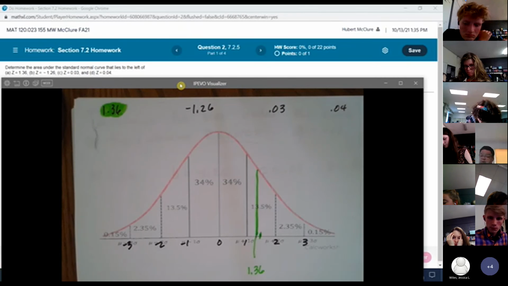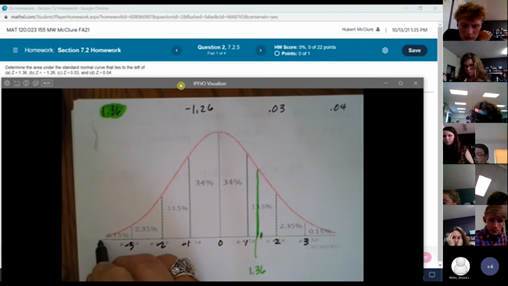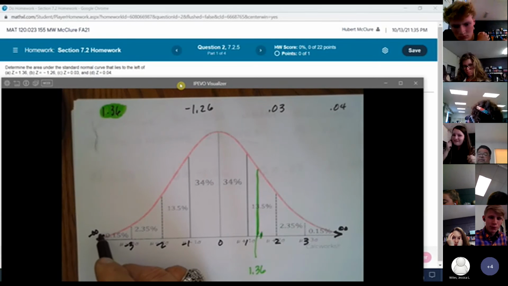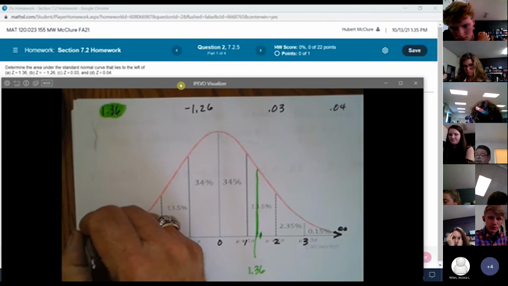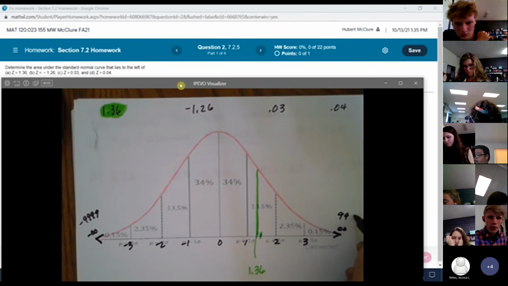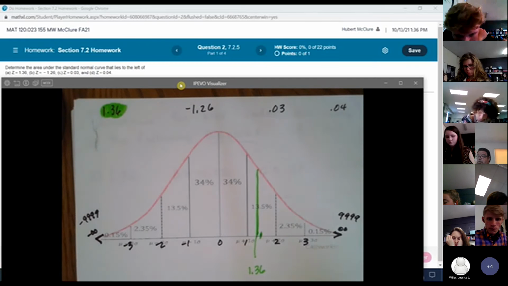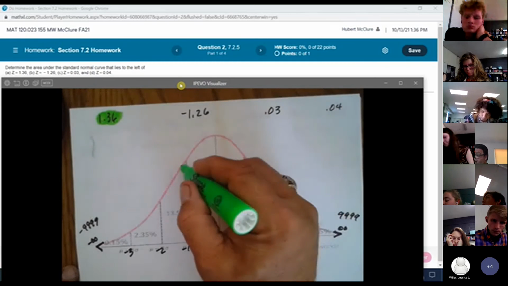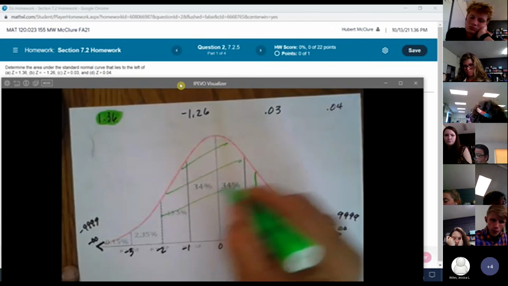This right here, your number line from second grade, that's negative infinity. That's positive infinity. But we can't type in negative infinity, so we're going to type in negative 9999 or positive 9999, depending on what we need. And in this case, we always need the left.